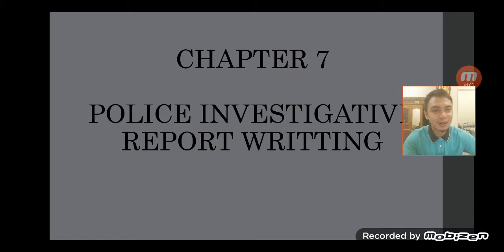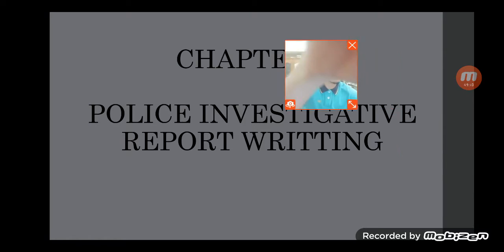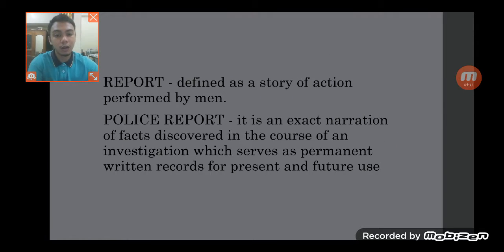So now let us begin chapter 7. As we begin chapter 7, which is police investigative report writing, let us first discuss what a report is. A report is defined as a story of action performed by men.